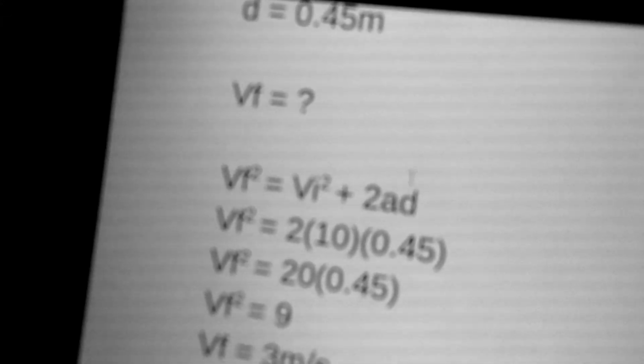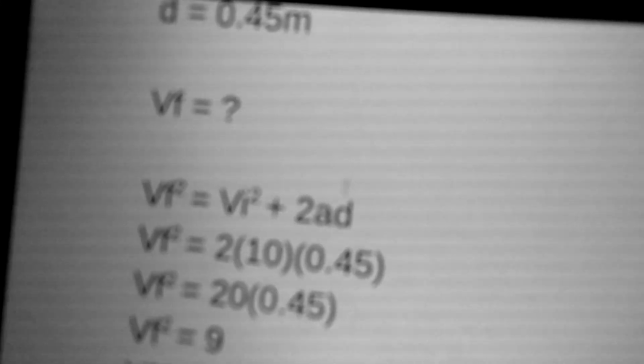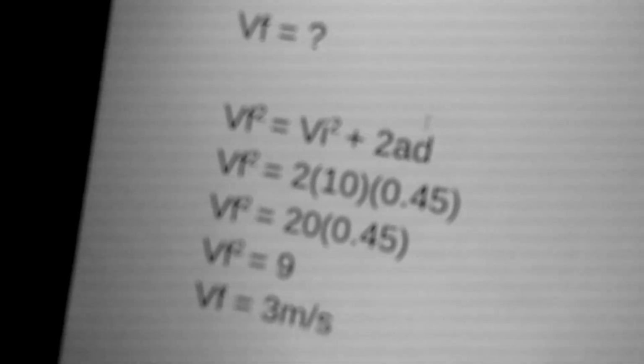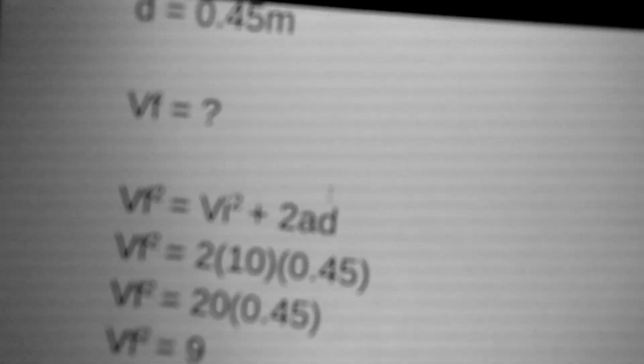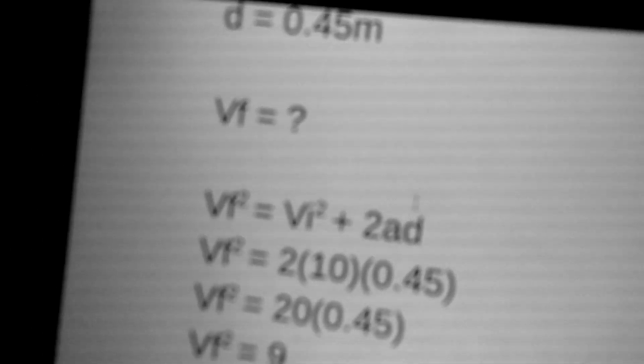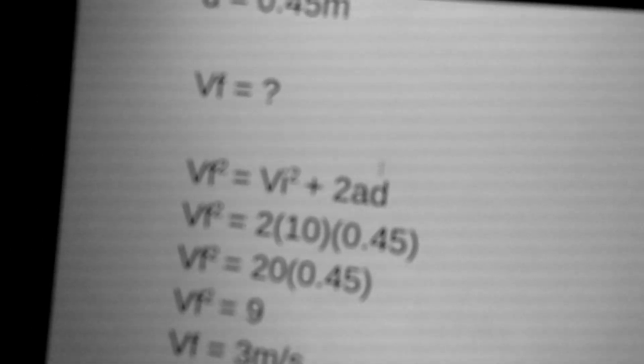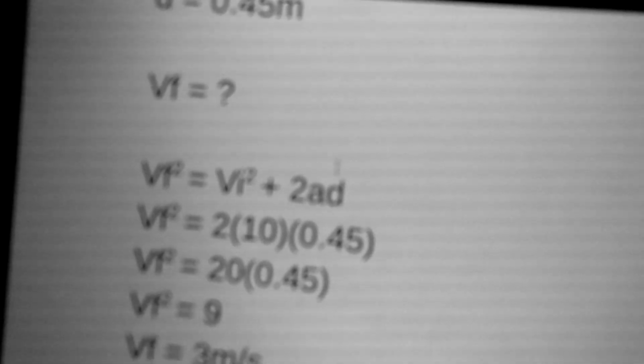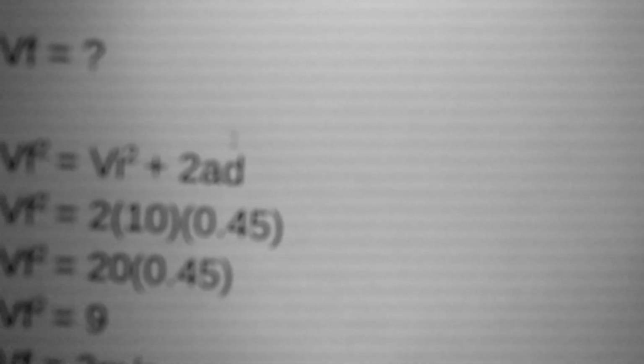And now, it was finally time to find the final velocity of the Jill Stingray plush. I inserted the variables into the equation final velocity squared equals initial velocity squared plus 2a times d, which is acceleration times distance.